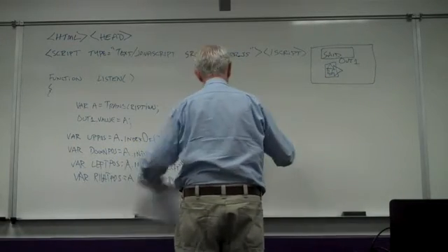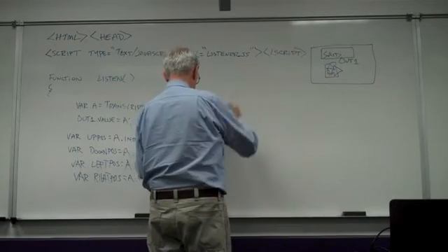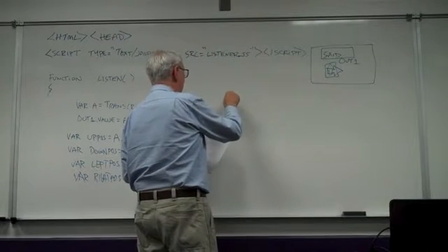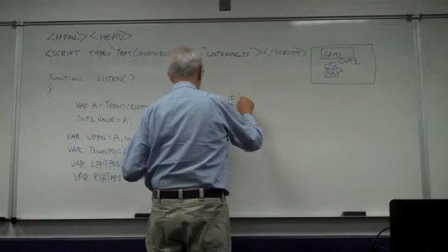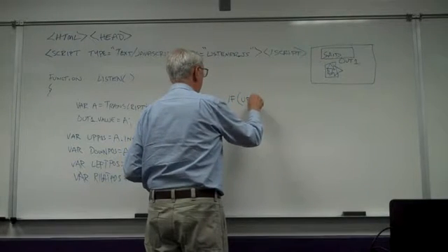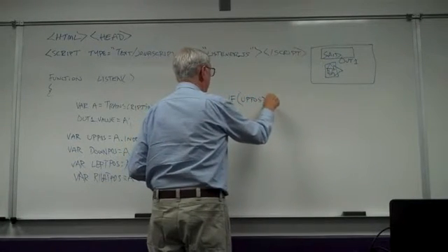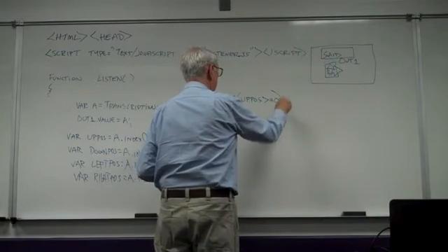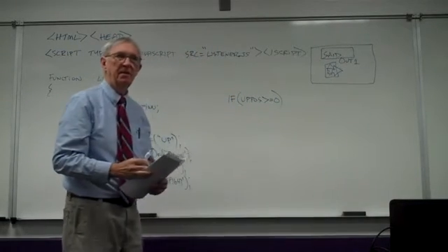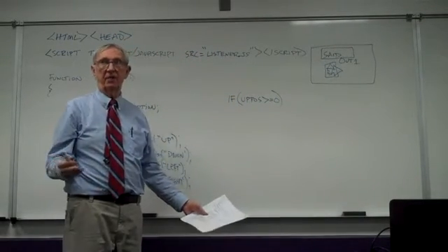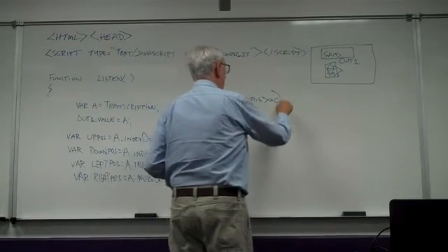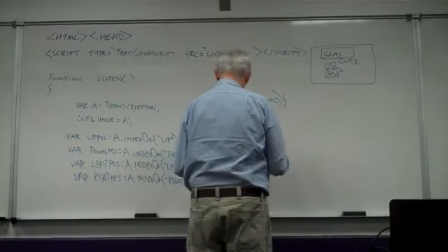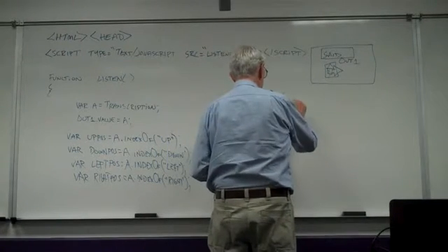Okay, so I'm going to go down to the next line down here, and I say if position is greater than or equal to 0. You see what that says? That says simply that if it's greater than or equal to 0, it means I found the word up. Okay, that turns into a plus right here. What I want to do then is, if that's true, I want to say image1.